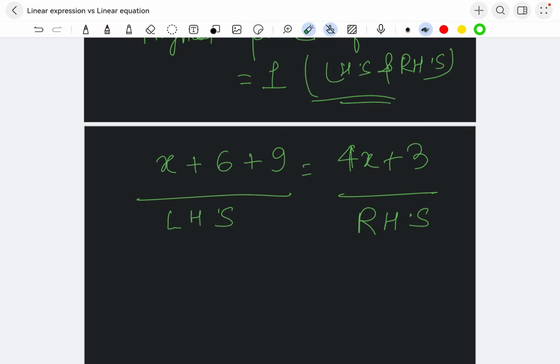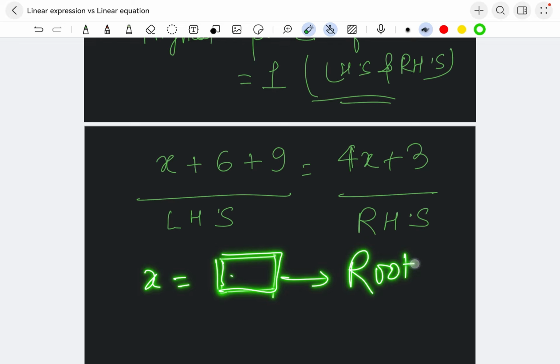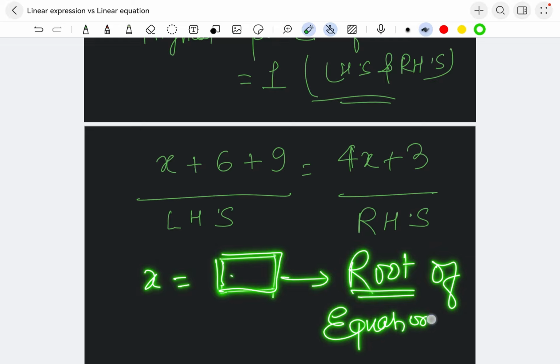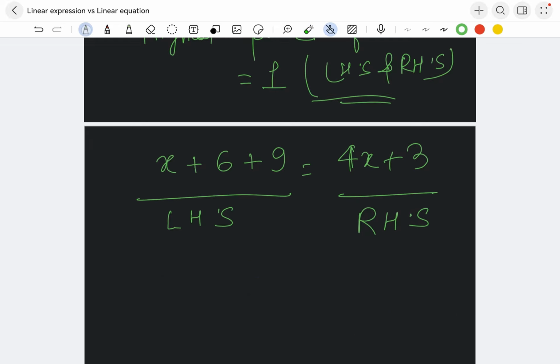Whatever this value will be is known as the root of the equation. That means basically what I'm trying to say is, if x is there whose highest power is 1, there will be only one value of x that will satisfy this equation.